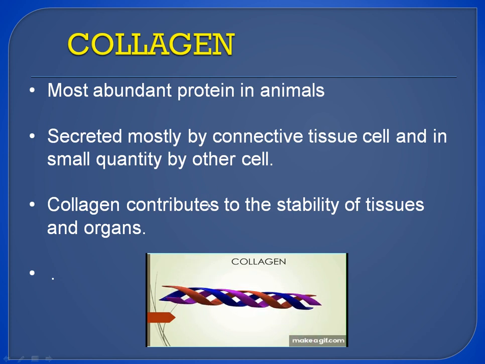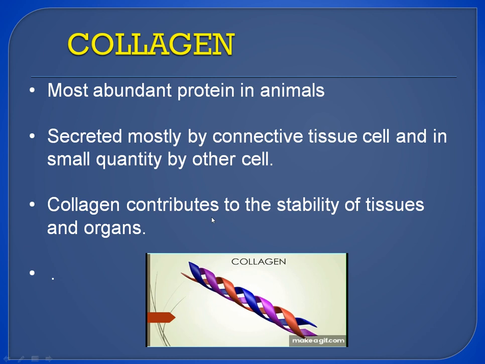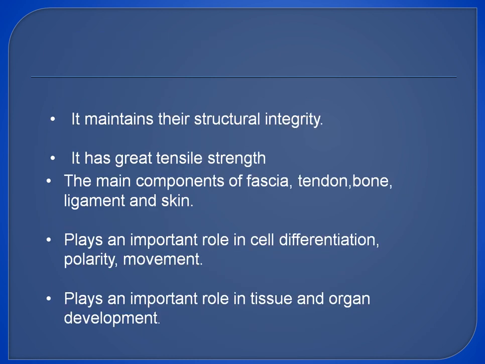Collagen contributes to the stability of tissues and organs. It has a great tensile strength. It maintains structural integrity. So, collagen is the main component of tendons, bone, fascia, ligament and skin. It plays an important role in tissue and organ development, in cell differentiation, polarity and movement.